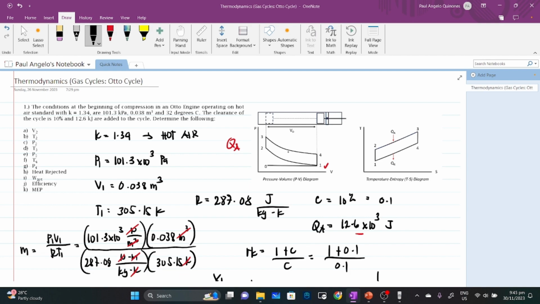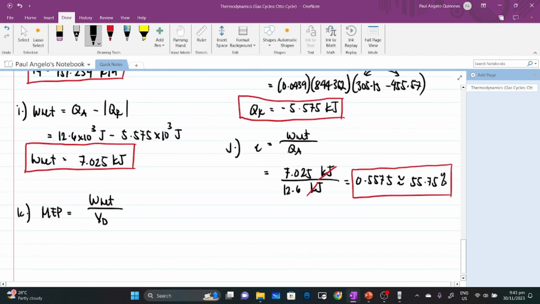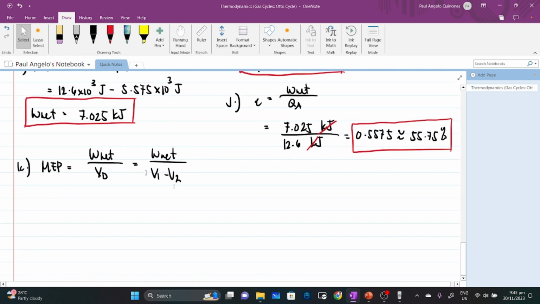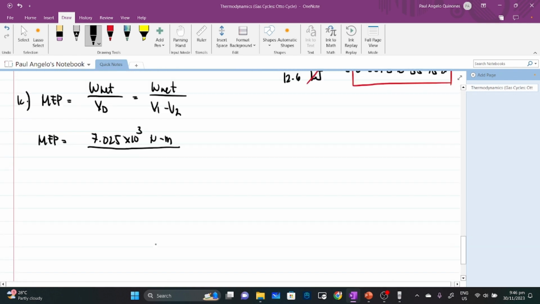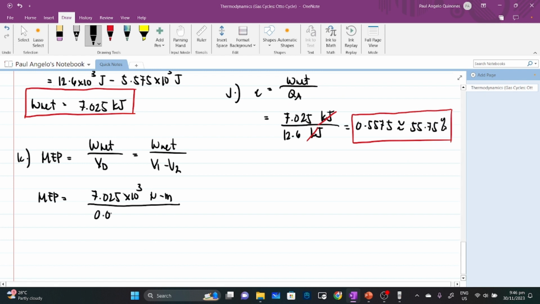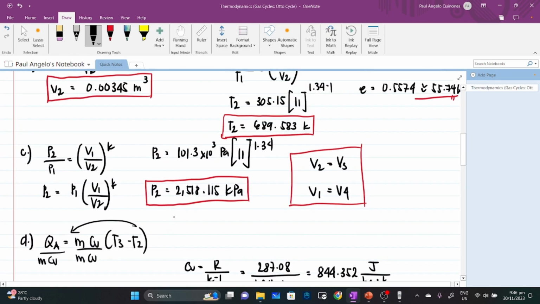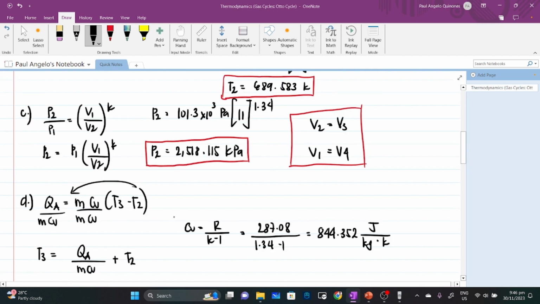So the MEP is equal to work net, that is 7.025 kilojoules, or joules, that is Newton meter, over V sub 1, that is 0.038 cubic meters, minus V sub 2, which is relatively smaller than V sub 1, that is 0.00345 cubic meters.